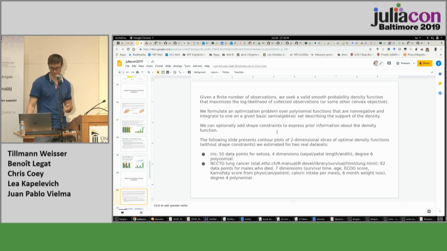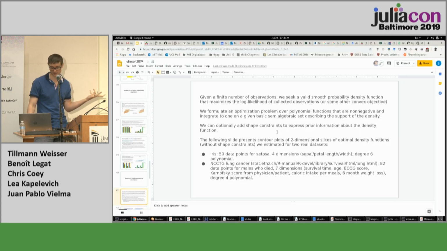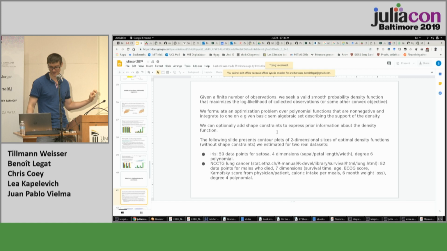So we have 2 data sets. One is just the iris data set of the flowers, 50 data points and 4 dimensions, and we're going to use a degree 6 polynomial. And this lung cancer set, which has 82 data points, 7 dimensions, and we're going to use a degree 4 polynomial.